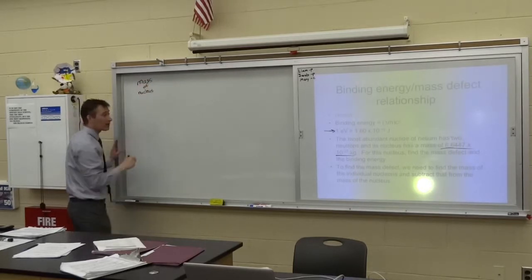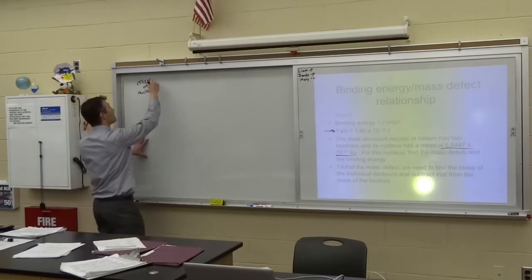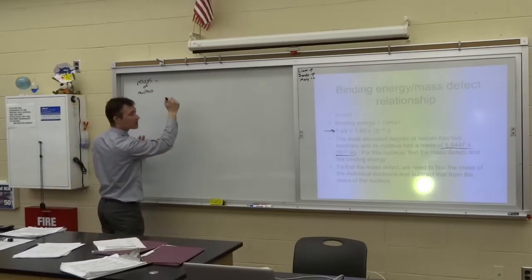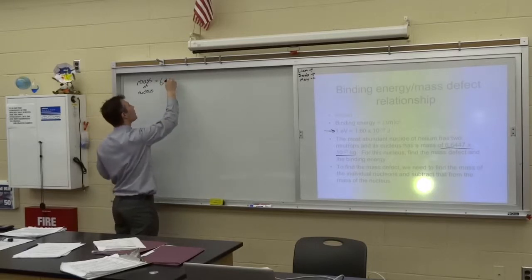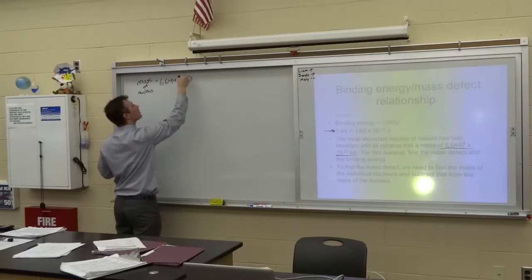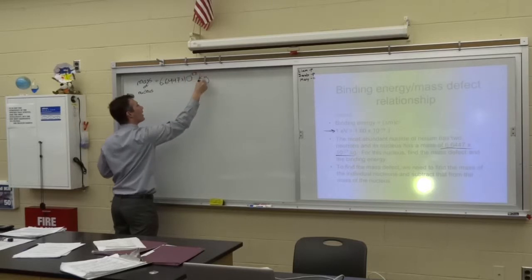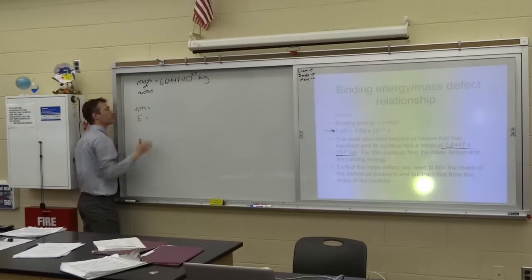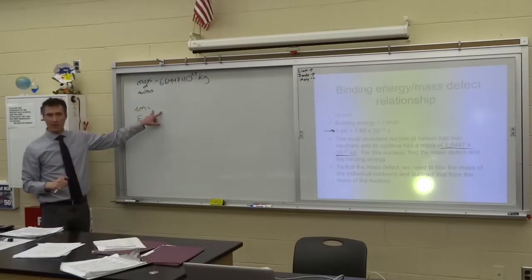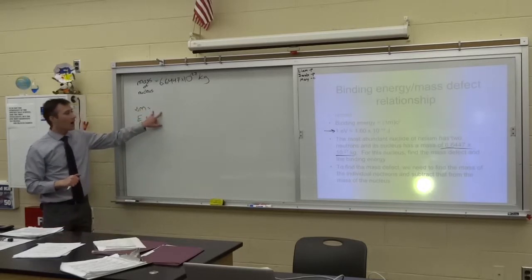I highly recommend that you do copy down how I do my work for this in your notes. So we're looking for the mass defect and the binding energy. I'm going to definitely get the mass defect first.